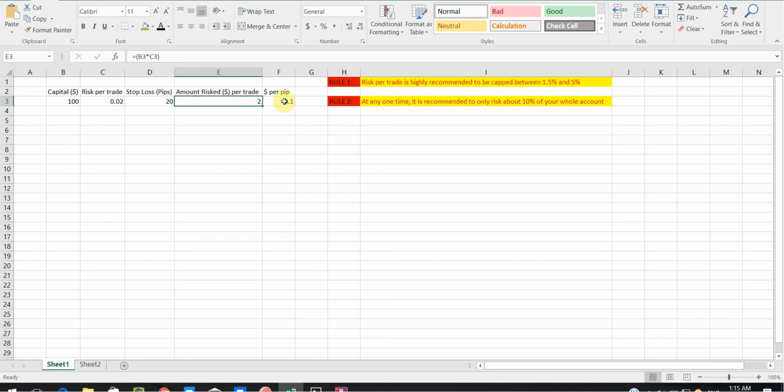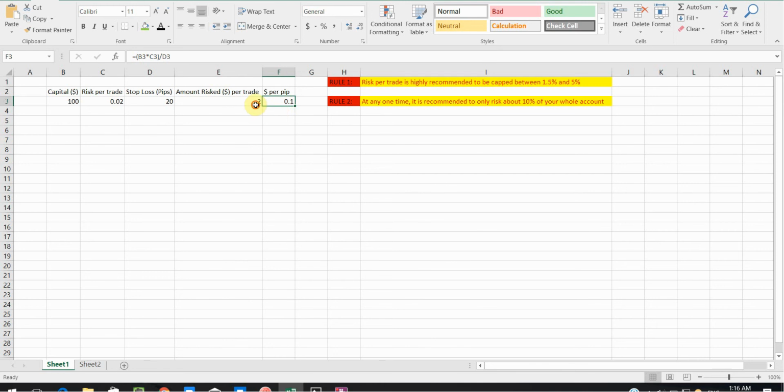And then let's move on to the next column, which is dollars per pip. So how do we calculate this? It's actually really simple. It's the capital multiplied by the risk per trade, and then divided by the stop loss, and you will get 0.1, which is equivalent to 10 cents per pip.